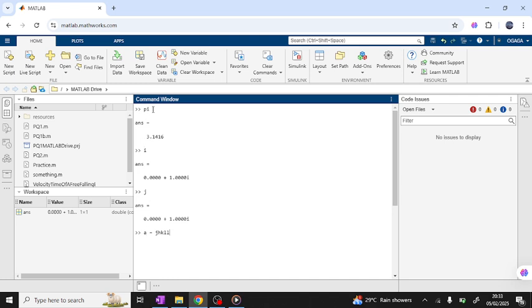Since these predefined constant values, pi, i, j, infinity and NaN, have been given values, we shouldn't assign other values to them. That may lead to a problem or error.